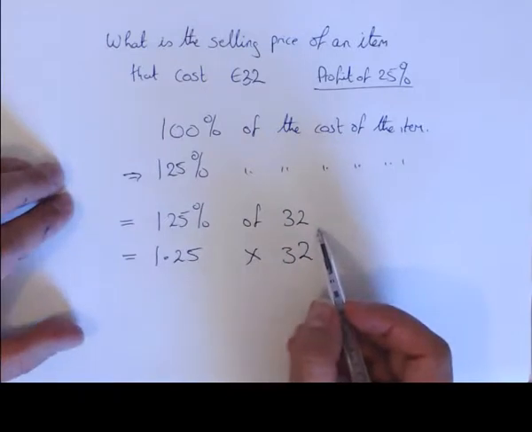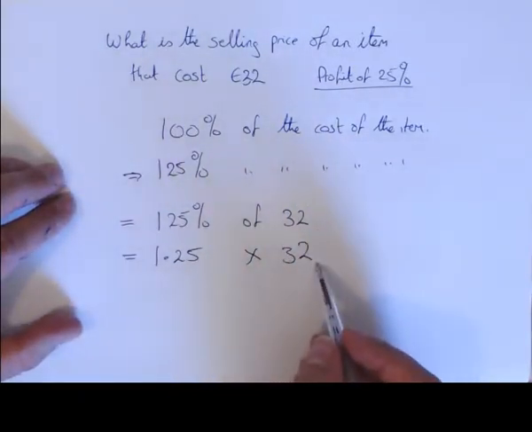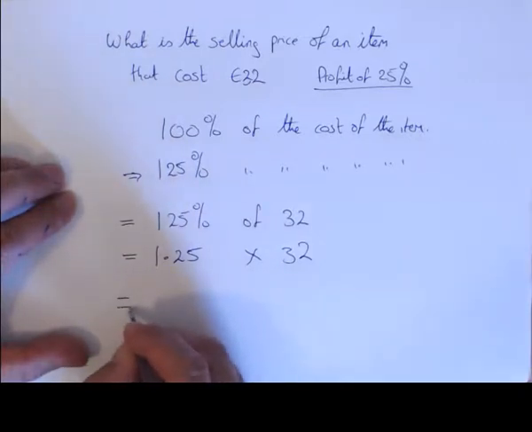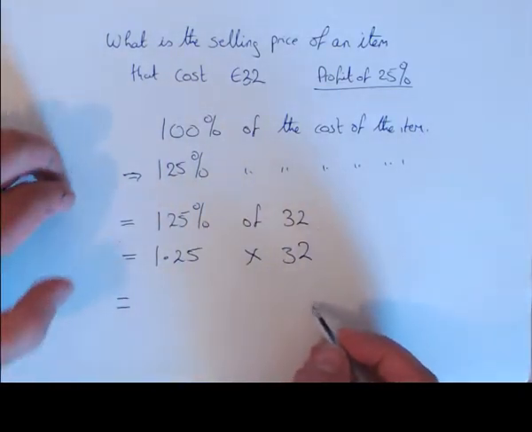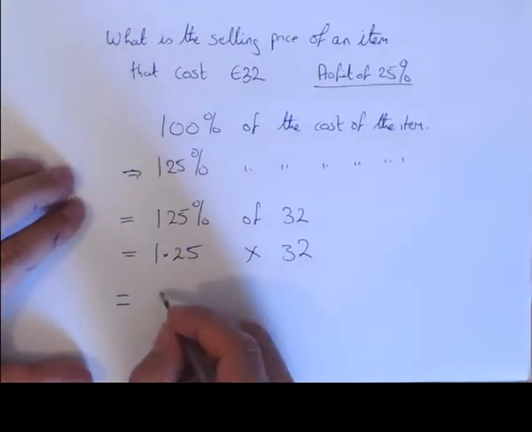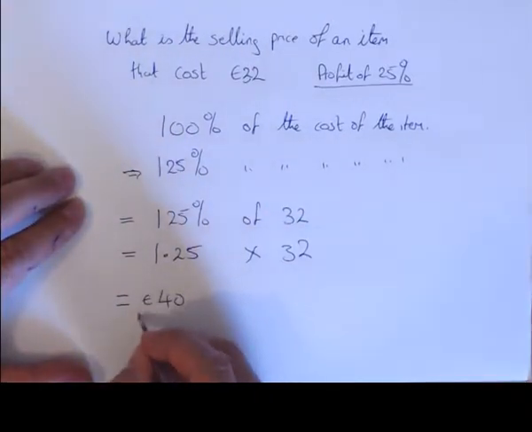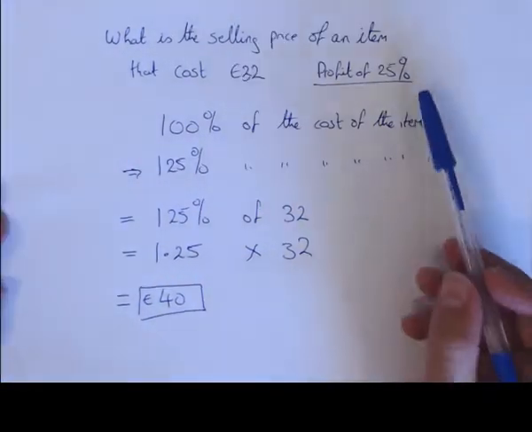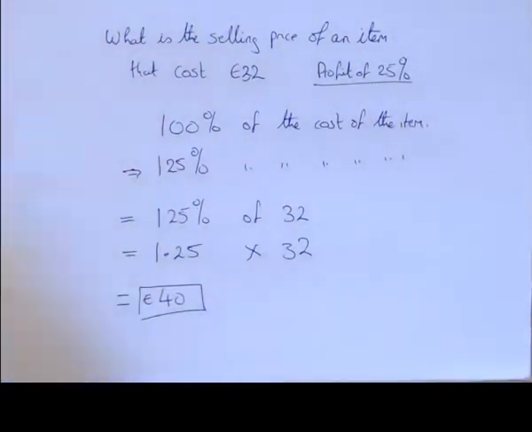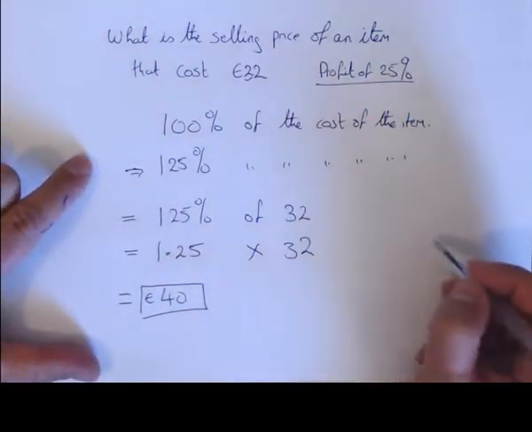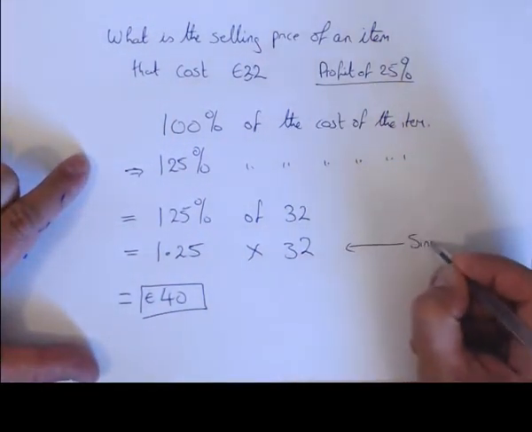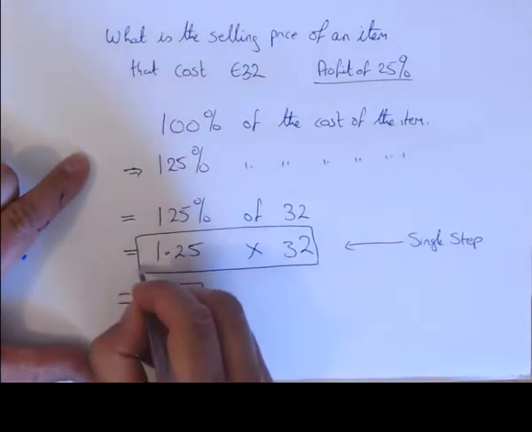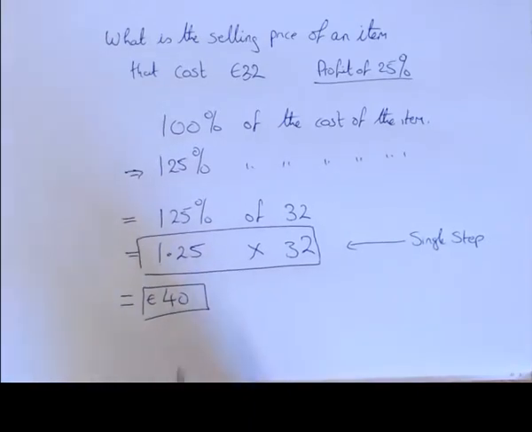To find 125%, we write it as a decimal, we put it into our calculator, 1.25 times 32, and that'll give us €40. Okay, and that is our answer. So the idea here is that we're not working out what the profit is and adding it on, we're working it out in one single step where you multiply your cost by 1.25 to get your answer.